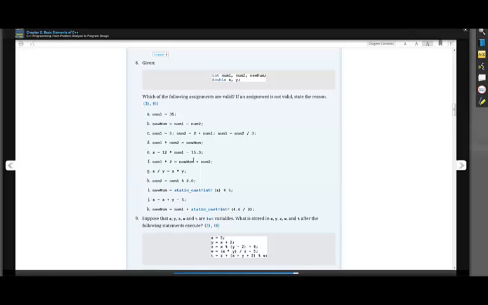Look at E. If you took newNum, you're going to subtract that from num1, and then multiply by 2, and that's going to equal x.